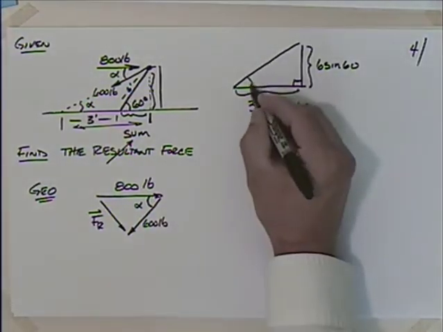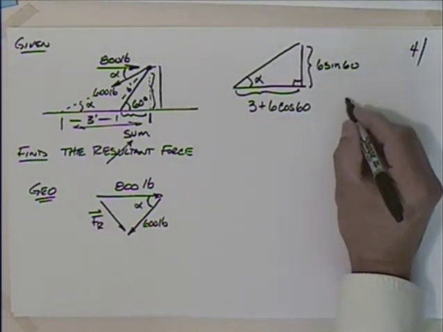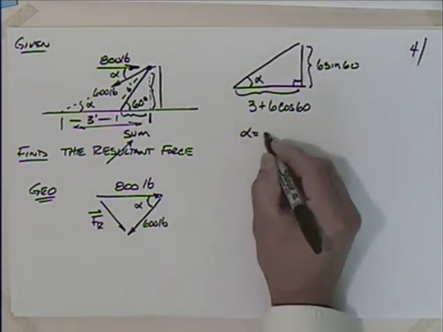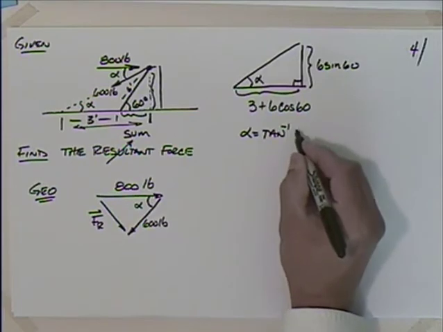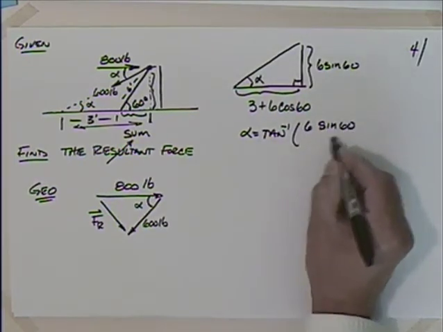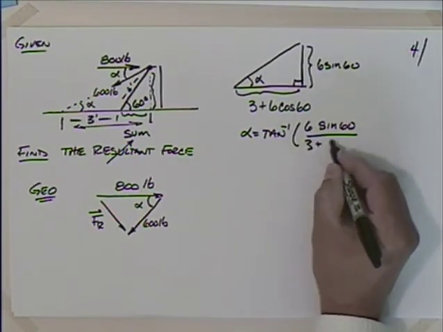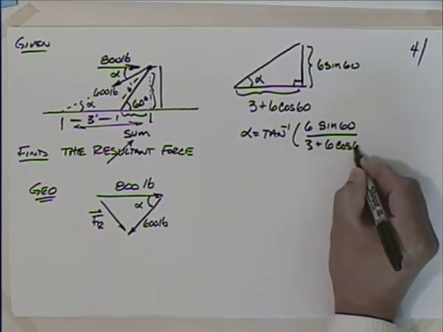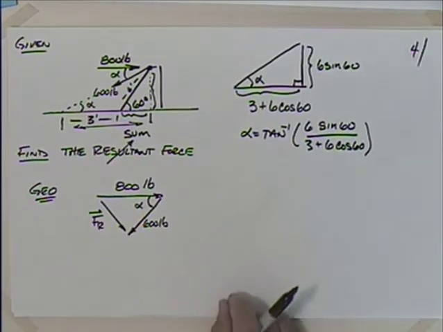So I could say then that this angle in here, alpha, would be equal to the arctan, the inverse tangent, of the opposite side, which is 6 sine 60, divided by the adjacent side, which is 3 plus 6 cosine 60. Okay.